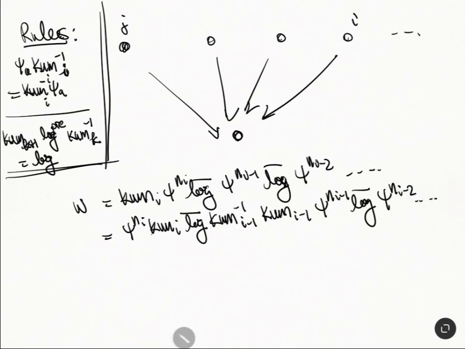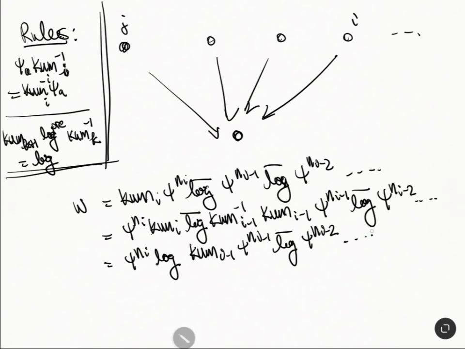So this is equal to psi ni, and now this is the pre-log, so we get an actual log here. Now we are relegated to doing Kummer I minus 1 psi ni minus 1 log bar psi ni minus 2 dot dot dot. And then at the end of it we'll have a Kummer j inverse. So all of these have a Kummer j inverse at the end.